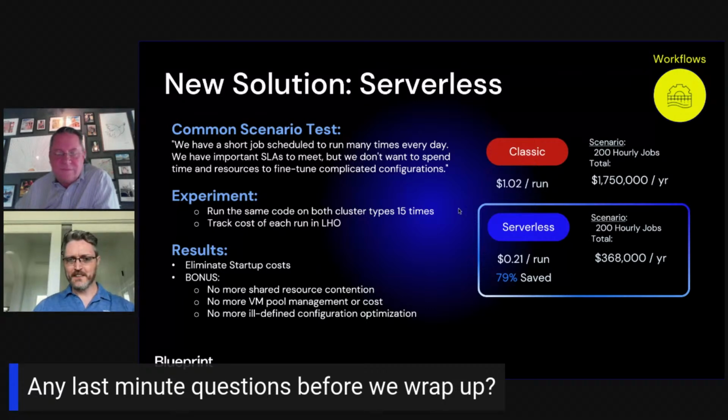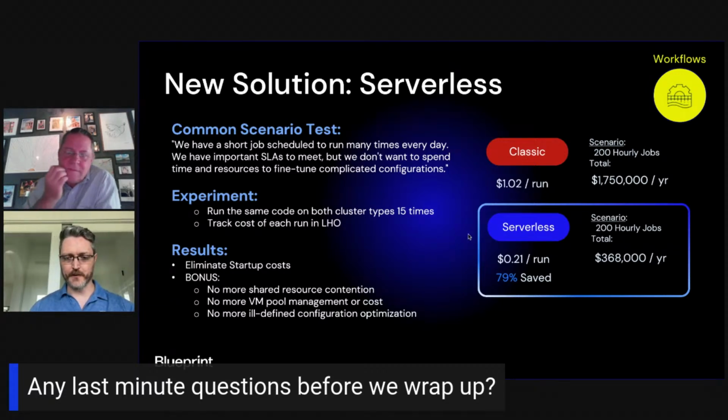So same scenario, we'll run each 15 times on Classic and Serverless, track the cost in LHO, and the results are wildly impressive. The fact that you can go from about $1 per run down to 20 cents per run is great. And as we mentioned in the chat earlier, right?